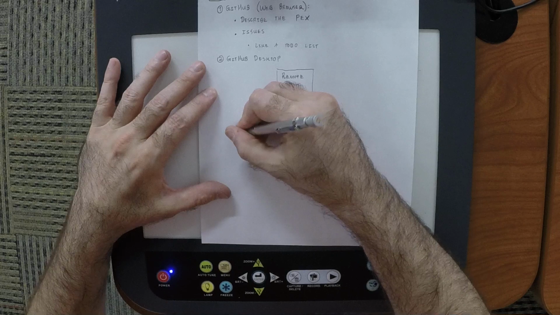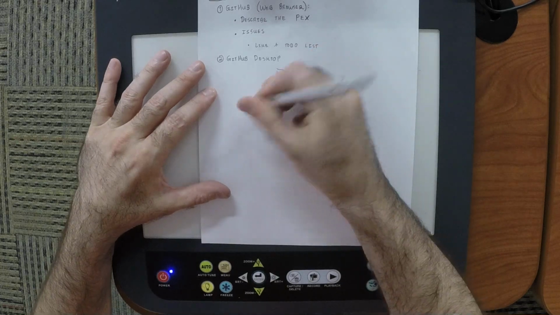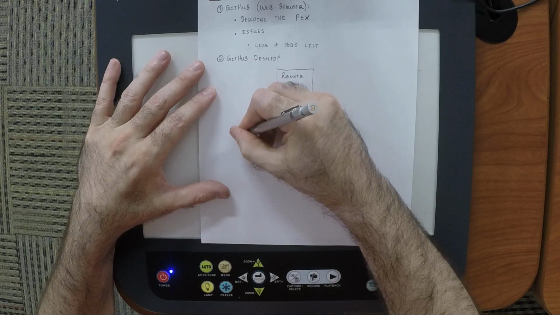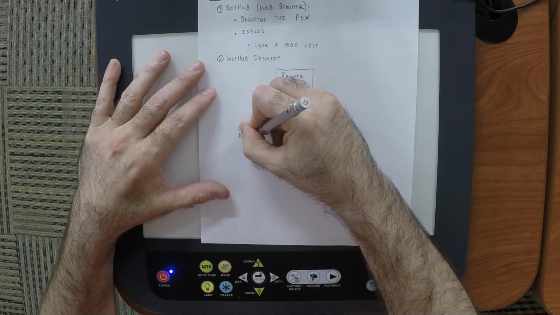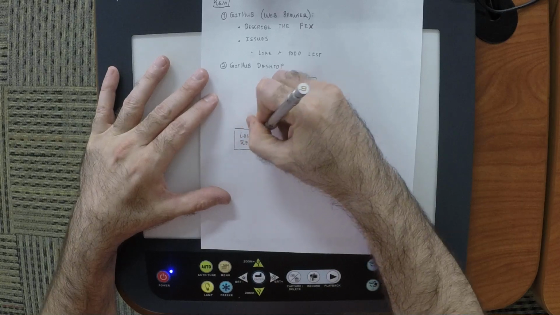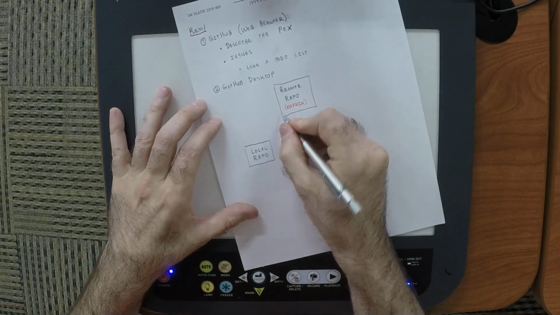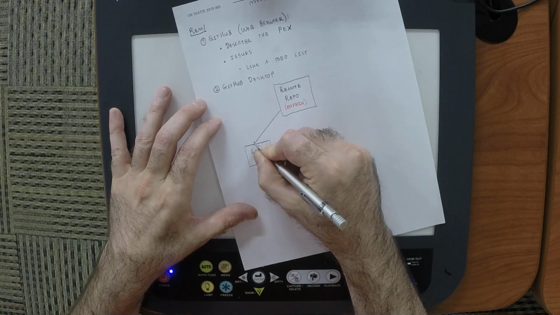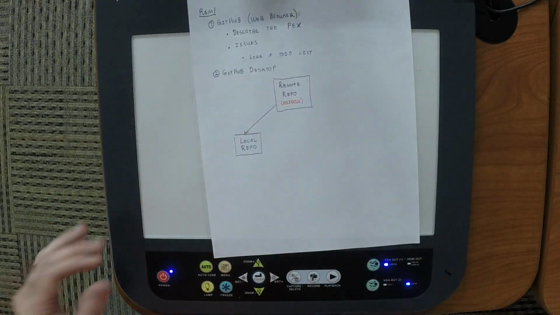And so that is called a local repo. So you connected and clicked clone, and you said, give me all those files there. So you got them.